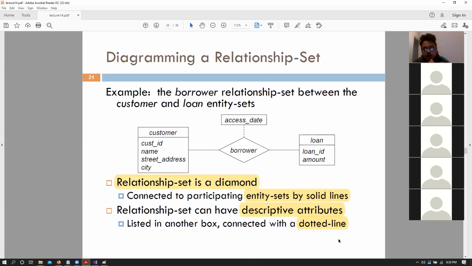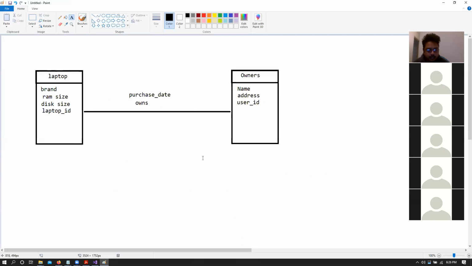Okay, so how do we represent these relationships, right? Essentially we would have something like this. We would have a diamond that represents what that relationship is, and that would connect these 2 tables.